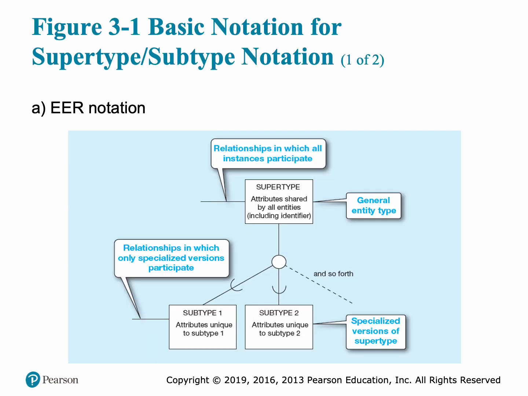So this is only one possible notation for EER. In other figures, we will see Microsoft Visio notation, which is similar but is not identical. However, I suggest you to use a standard PowerPoint slide deck, and you can actually create this sort of figure easily, where supertypes have several subtypes, and these subtypes can be specialized versions.